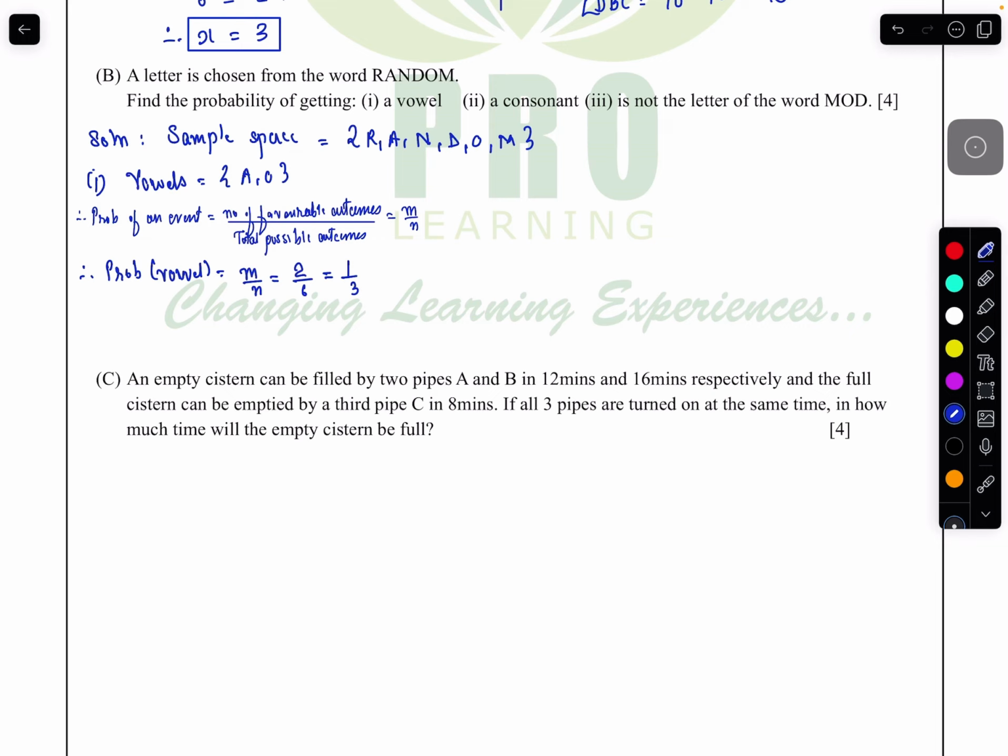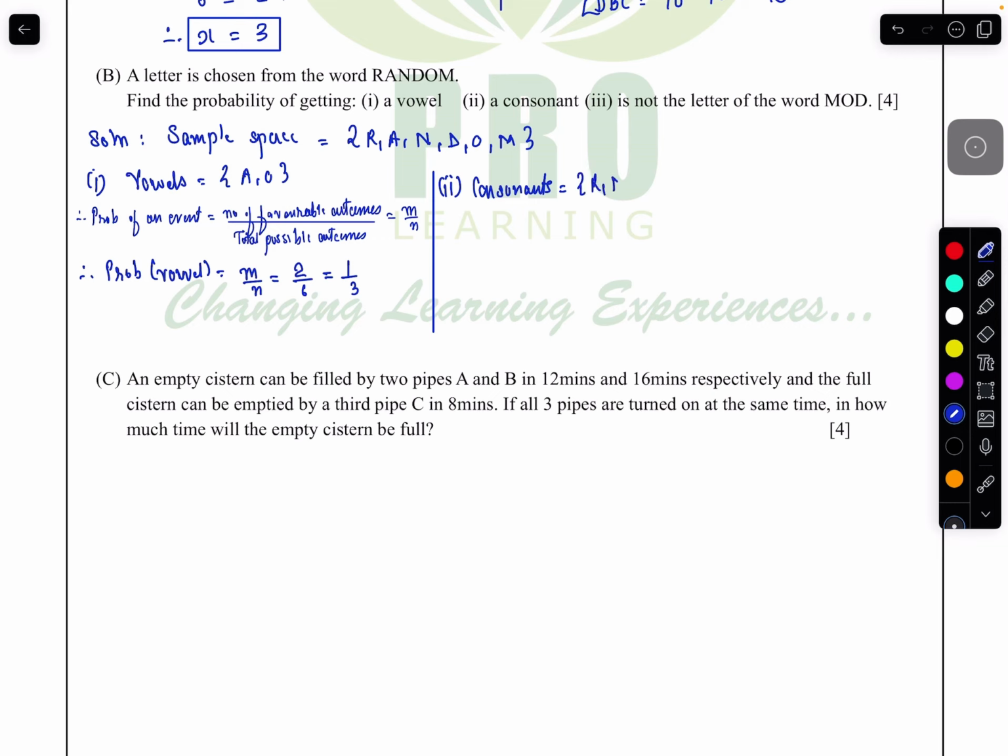So the first one is taken care of. We move on to the next one. In the next one, we need consonants. How many consonants do we have?